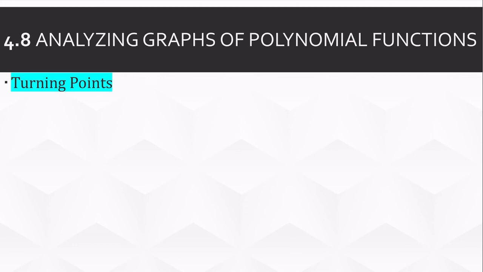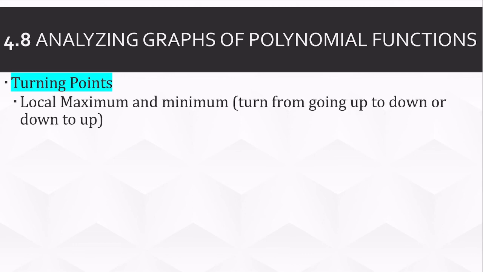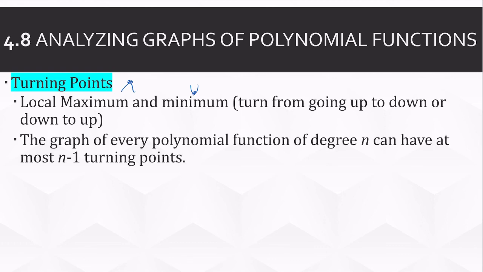Graphs also have what are called turning points, which are local maximums or minimums. It's where they turn from going up to going down or from going down to going up. So it's that point or that point. The graph of every polynomial function of degree n can have at most n minus 1 turning points.